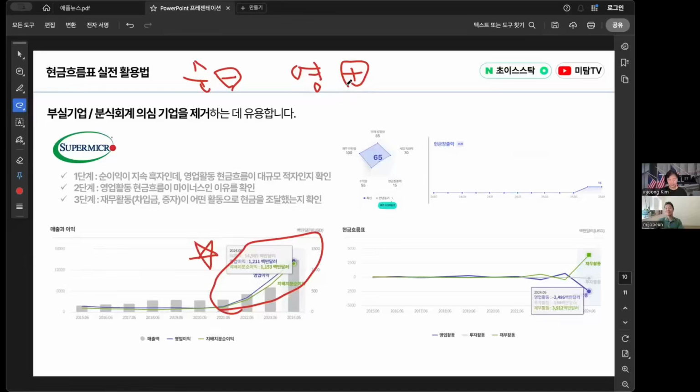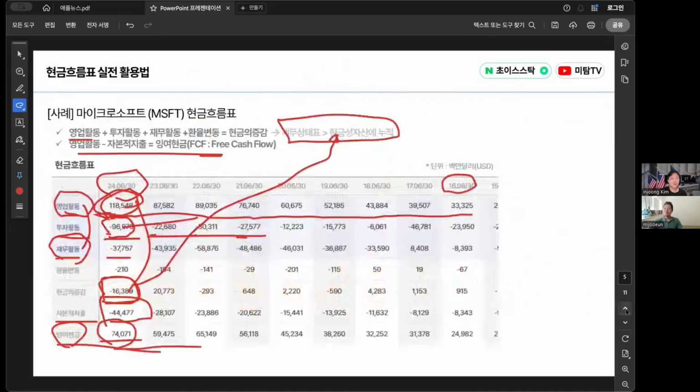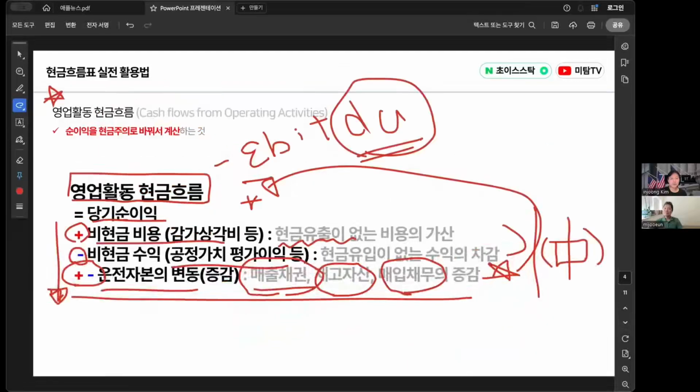So it could happen for a quarter or even a year, because it can happen if there's a large-scale facility investment. But in the end, if net profit is positive for a long time but cash flow from operating activities is negative, that's really tough. I mentioned this earlier. Cash flow from operating activities starts from net profit. The net profit is extremely large right now.